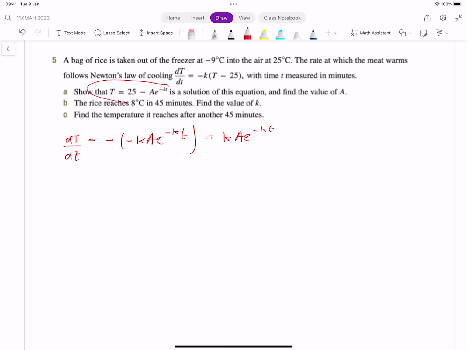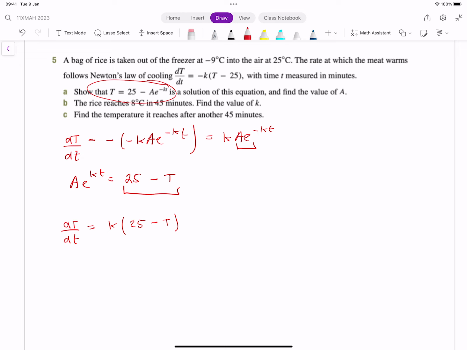Now, if we rearrange the equation I just circled for A e to the minus kt, we move the A e to the minus kt to the other side, minus T, we're going to get 25 minus T. If we then replace this with that over there, we're going to get dT/dt is equal to k(25 minus T).